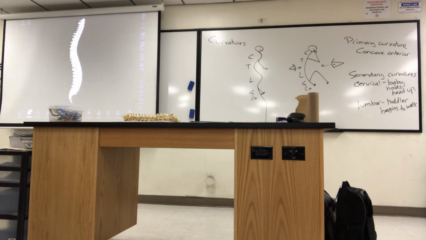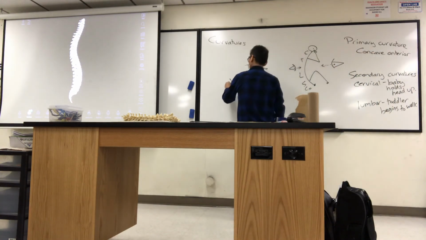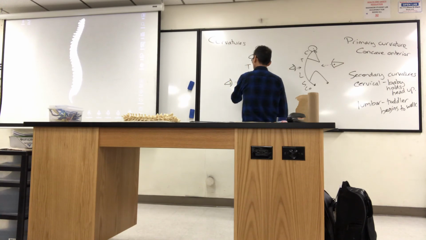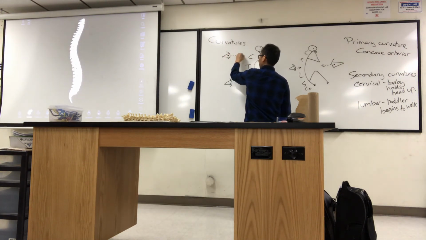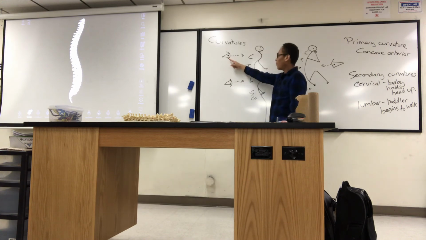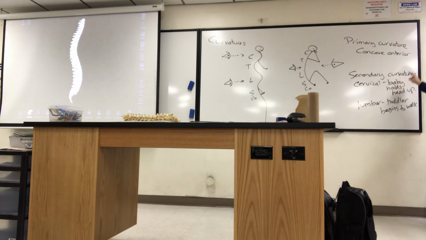They come later. But their curvatures are different. They're not concave anterior. They would be concave posterior, right? So you look at it from the back, there or there. Does that look like an eyeball? I'm trying to draw an eyeball, looking at it from the back. You describe the secondary curvatures as concave posterior.